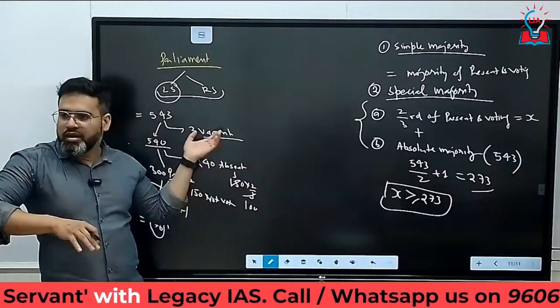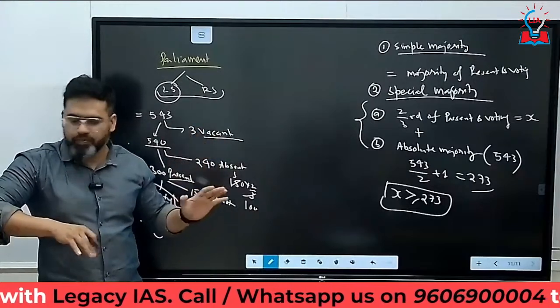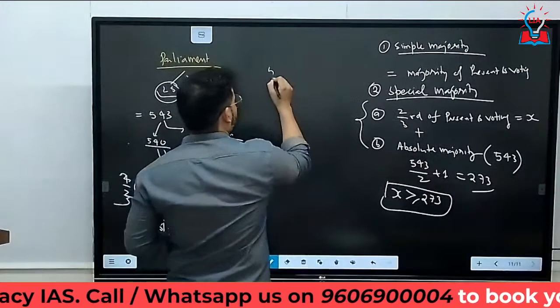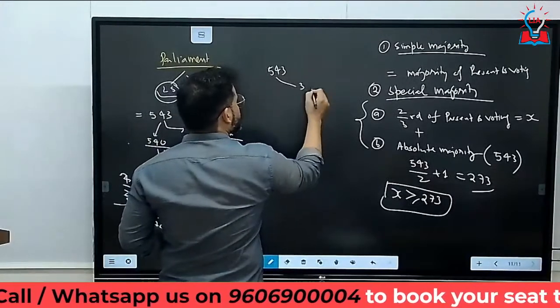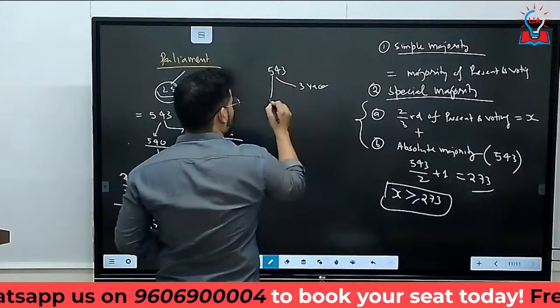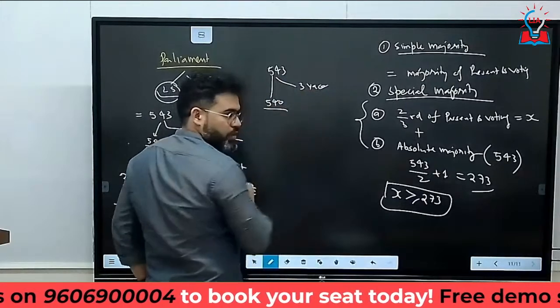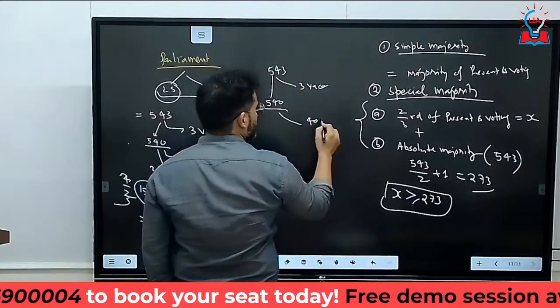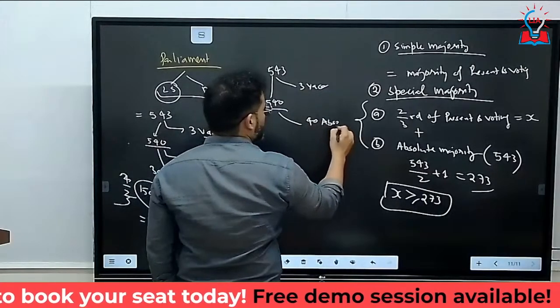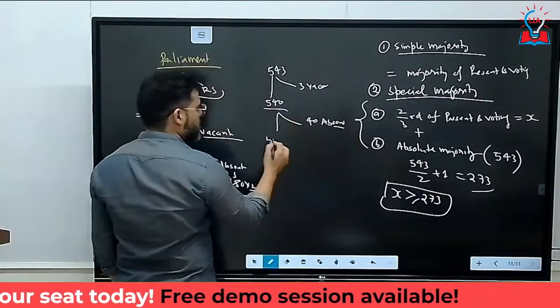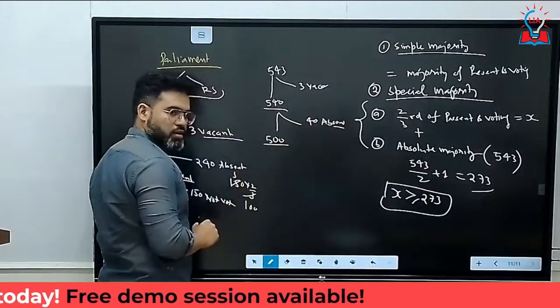So that means we need to increase the number of members of parliament present and voting. Now for example, right now we have a total of 543, out of that 3 seats are vacant, total are 540. Correct? Of that, 40 are absent, so now total present are 500. Correct?